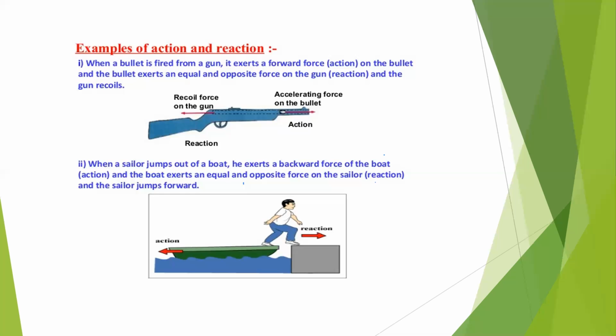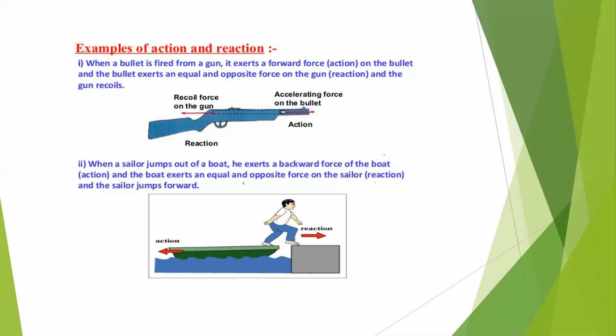Next, when a sailor jumps out of a boat, he exerts a backward force on the boat and the boat exerts an equal and opposite force on the sailor. This is reaction and the sailor jumps forward. See students, how much the physics is impacting our day-to-day activities.